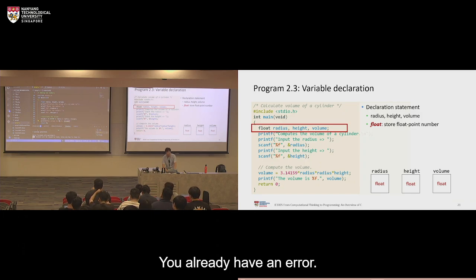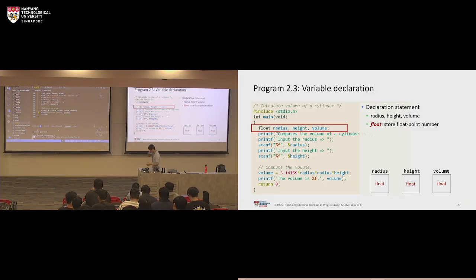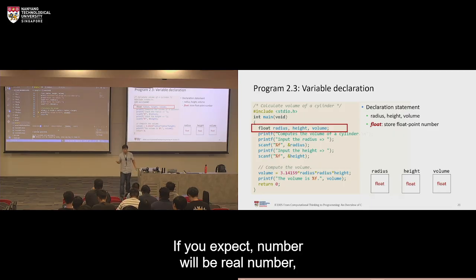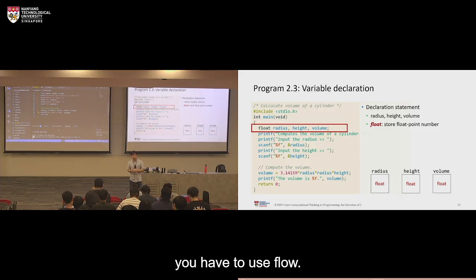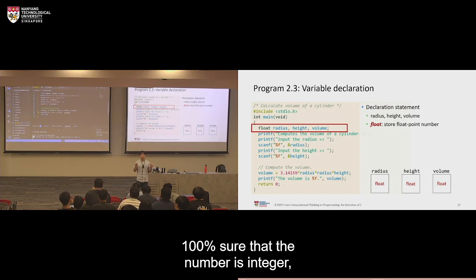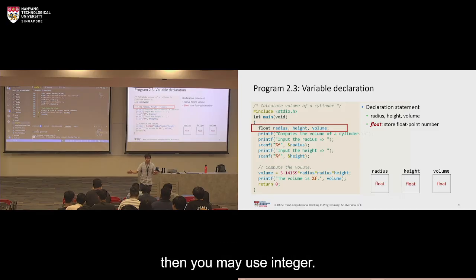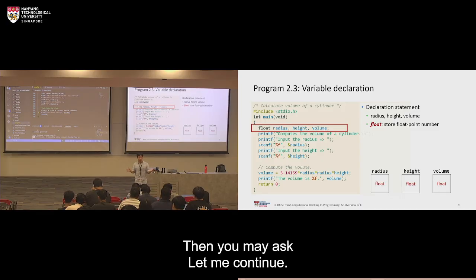You already have an error, right? It has to be float. So if you expect your number will be a real number, you have to use float. But if you are 100% sure that the number is an integer, then you may use integer.